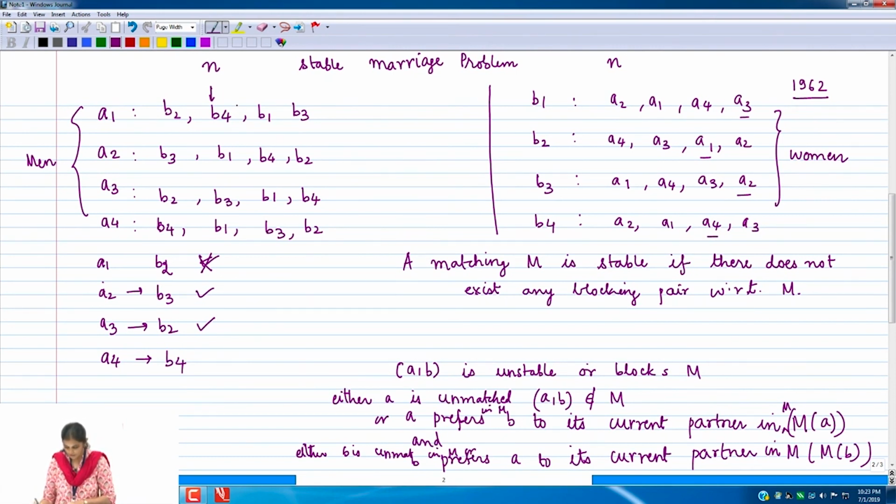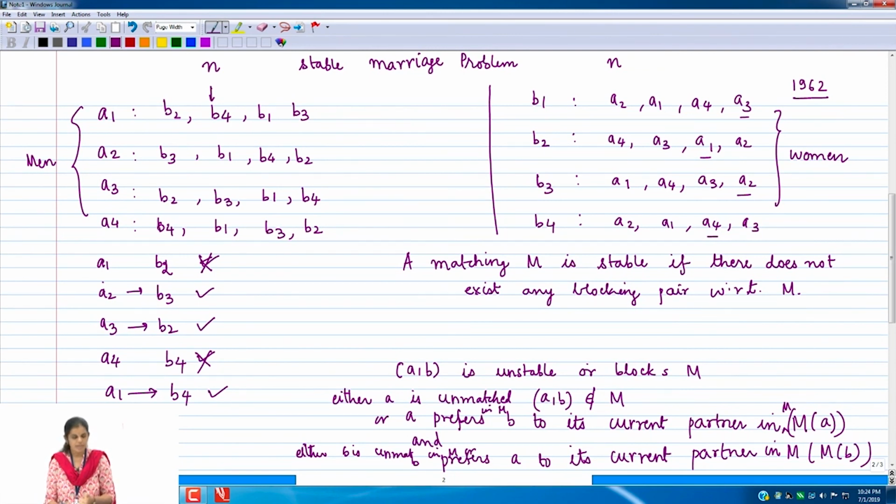Now again there is a conflict because B4 is not free. So B4 is currently assigned to A4 and A1 is proposing. What should it do? It should reject this assignment, that is this will go away, and A1 will get accepted, right? Now again this leaves A4 unassigned or unmatched.